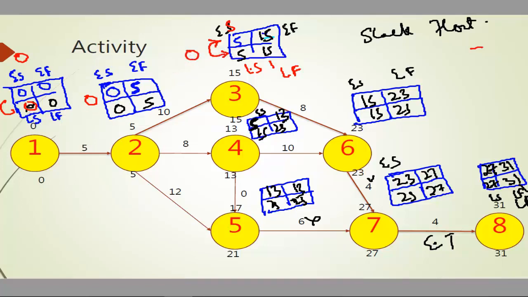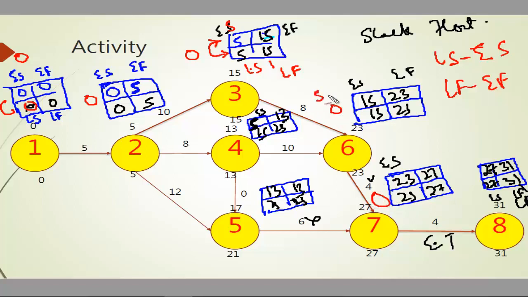Sorry, I don't have to divide, it is to be minus. That is late start minus early start, or it could also be late finish minus early finish, whichever you like to do. So subtract: 0 minus 0, 0 minus 0, 5 minus 5 is 0, 15 minus 15 is 0. Here 23 minus 23 is 0.